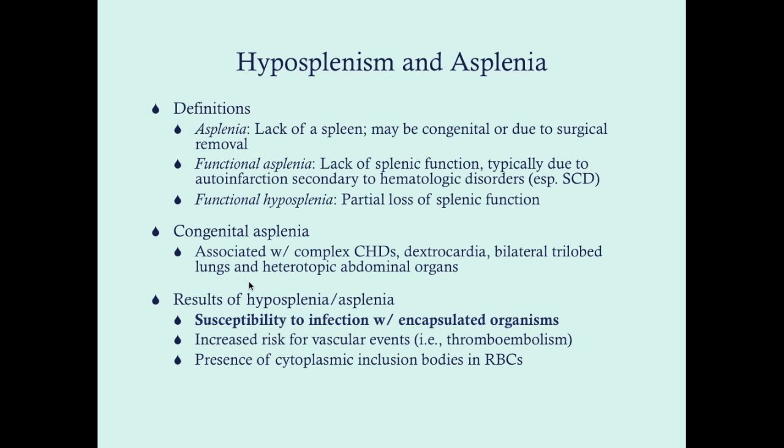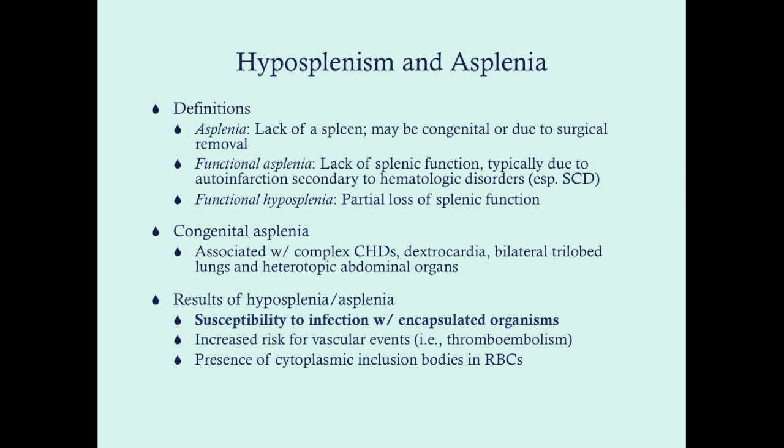Which of your lungs has three lobes? The right one. And so if you had bilateral trilobed lungs, that would be consistent with a right-sided chimerism, where it's like a mirror image. And so you have three lobes on your lung on both sides. So it's like you have two right lungs. Now they're going to look like a right and a left lung, but you just have trilobed lungs on both sides.